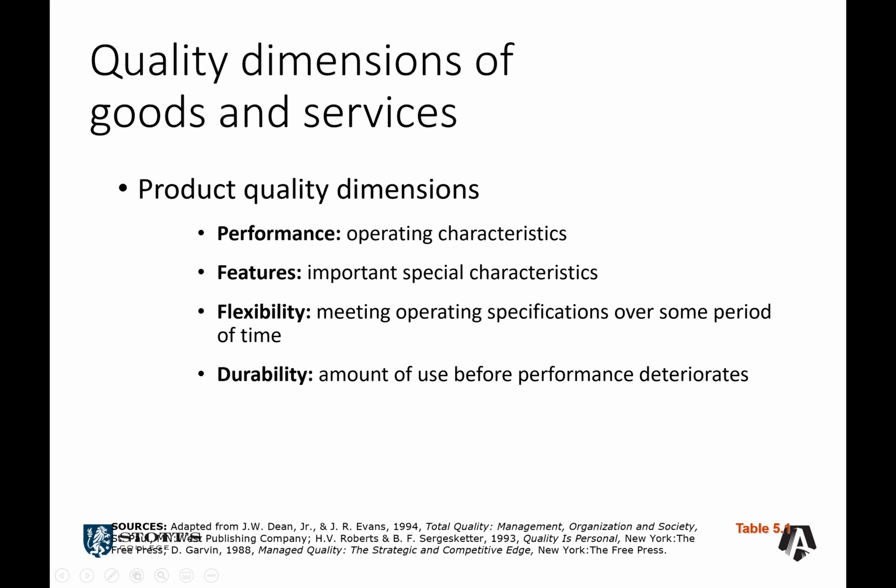What are the dimensions of quality? So how do people perceive quality? It's the performance of the product or service. It's the features and special characteristics of that product or service. It's whether it meets operating specifications over a period of time, and its durability before performance deteriorates.